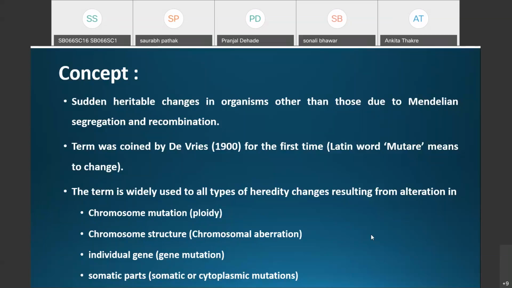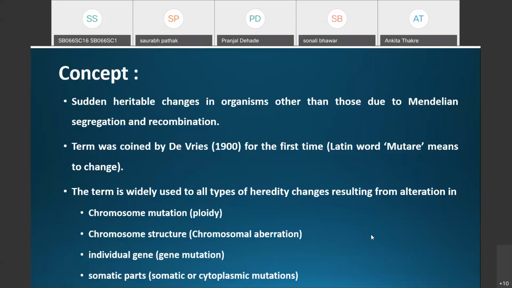The last is changes in the somatic parts, which are said to be somatic or cytoplasmic mutations. So the term mutation is widely used for hereditary changes resulting from alteration in number one, chromosome number; number two, chromosome structure; number three, individual gene; and number four, the somatic parts.